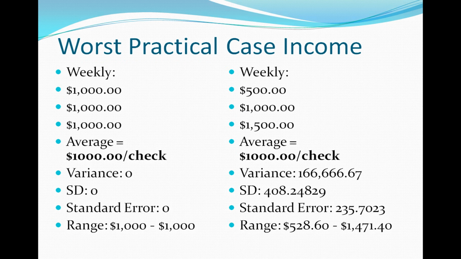For the practical range, we're going to take the standard error and multiply by 2. For the lower bound, we subtract that number from the average, and for the upper bound we add it to the average. That gives us our practical range.